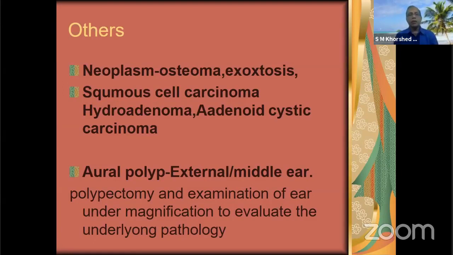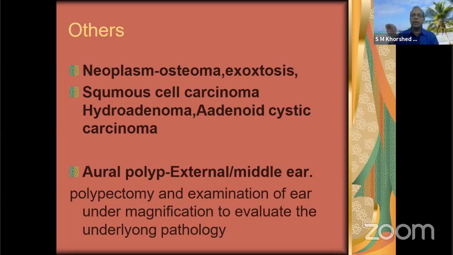Squamous cell carcinoma, hidradenoma, adenoid cystic carcinoma, or unknown reasons, it can affect anyone. If on examination of the ear, we find a polyp, we have to remove it, because when the polyp fills the external ear canal, we have to remove it. If we remove it, then we could see whether it is arising from the external ear canal or middle ear cavity. Polypectomy is the treatment because of blockage, filling, or pain.